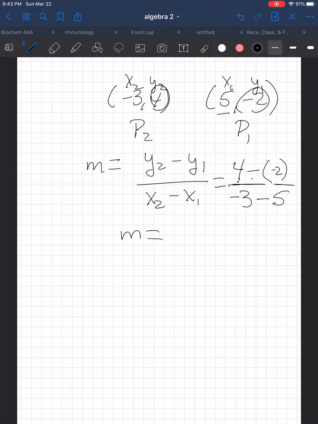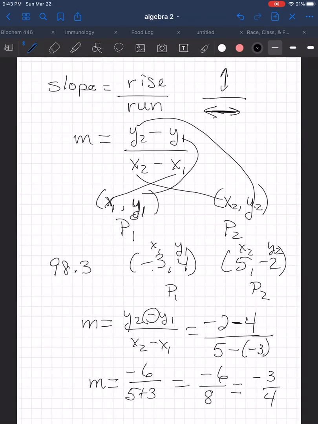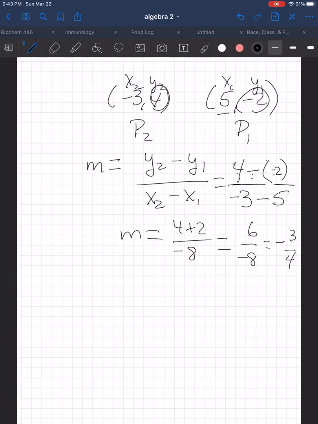So m will simplify to 4 minus a -2 is 4 plus 2 over -3 minus 5 is -8. So that's 6 over -8, which reduces to -3 over 4. So you see, we got -3 over 4 here and -3 over 4 here. So you do get the same answer for the slope between 2 points regardless of which point you start and end on.